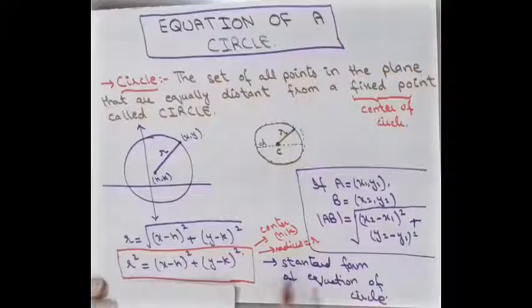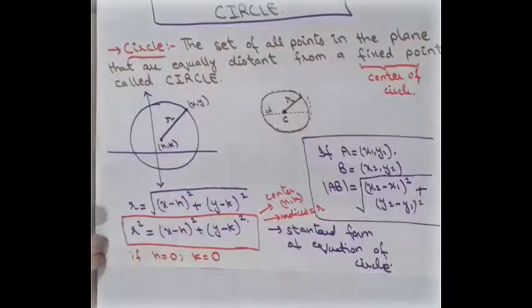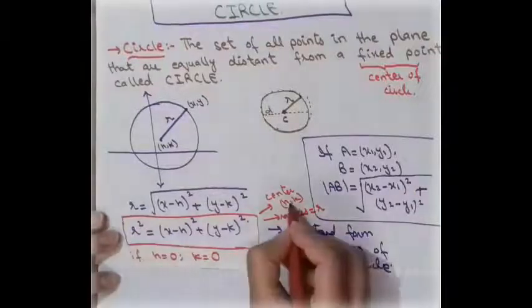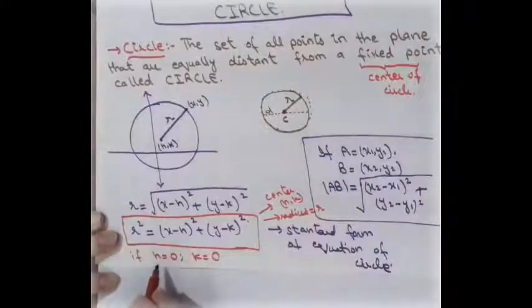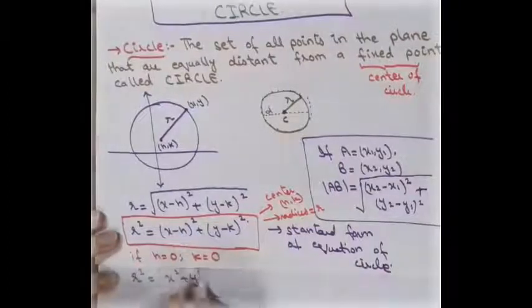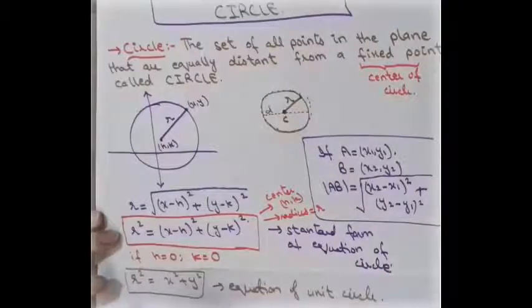This is called the standard form of the equation of a circle with center h, k and radius r. If the center is at the origin, meaning h and k are 0, then we can write r squared equals x squared plus y squared. Basically this is the equation of a circle when the center is at the origin and the radius is r.